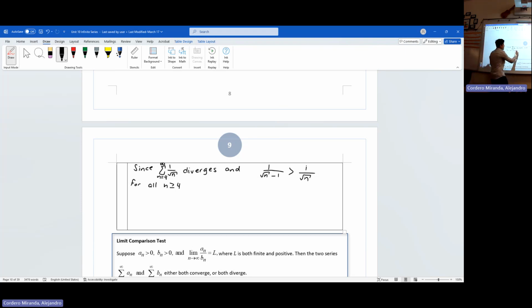Since that's true for all n bigger than 4, by the direct comparison test, the sum from n equals 4 to infinity of 1 over square root of n minus 1 must also diverge.